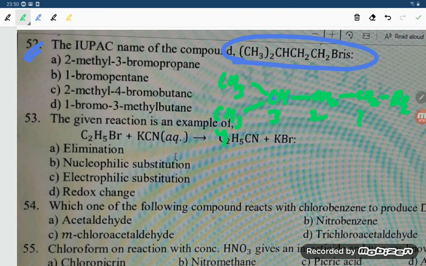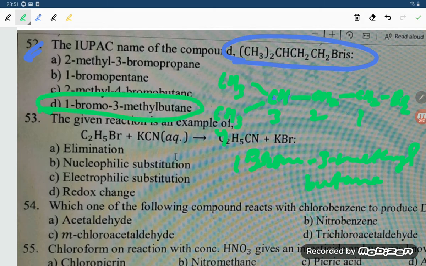So it will be 1-bromo, 3-methyl butane. So let us see where is the option, student. Option number D is the correct option, student.